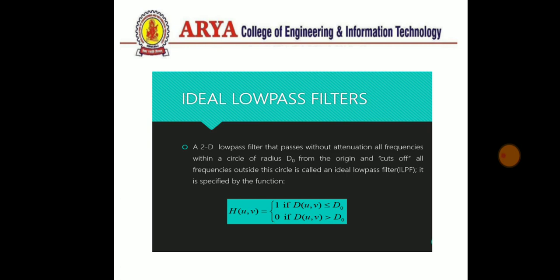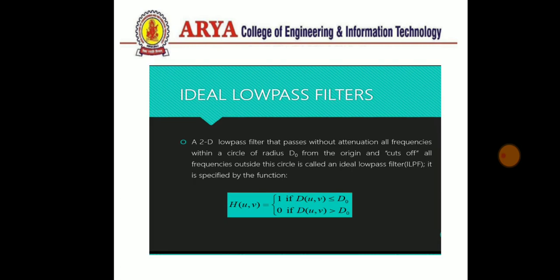Or, if the pixel value of the image covered under the mask is greater than the radius value of the circle, then it gives a value 0. By using this mathematical expression, the ideal low pass filter is applied on the image to remove the noise.